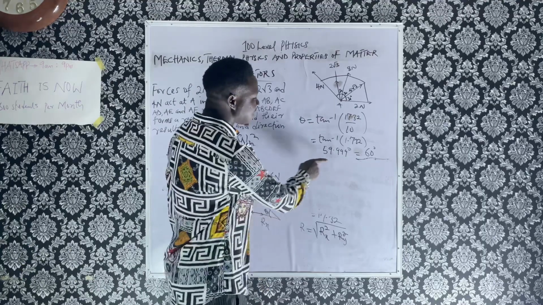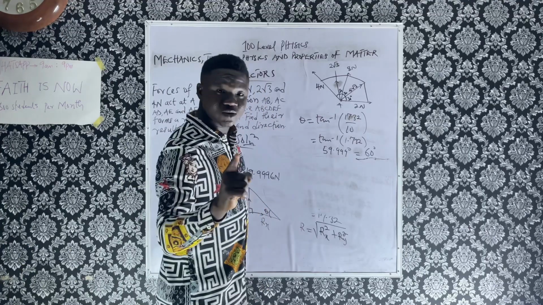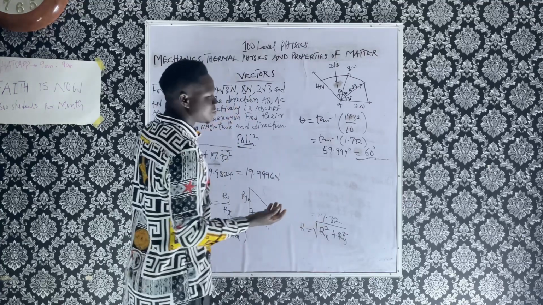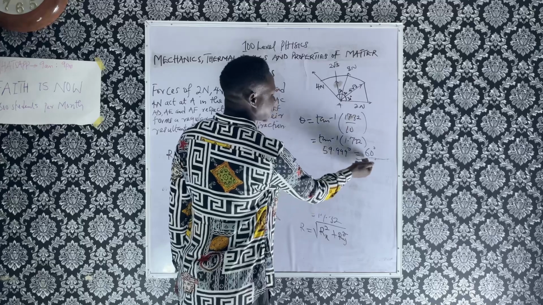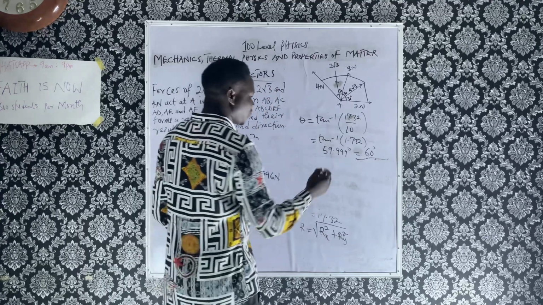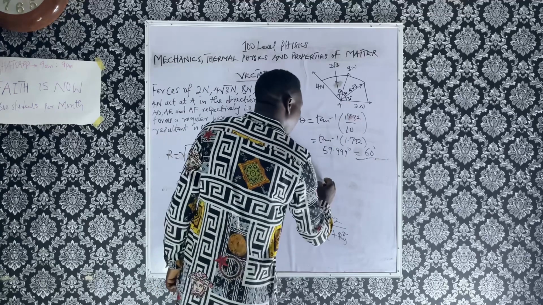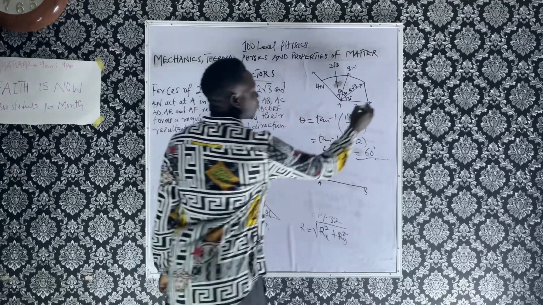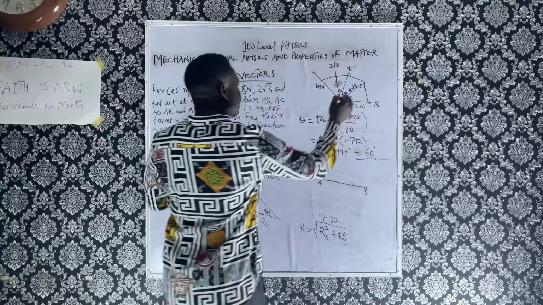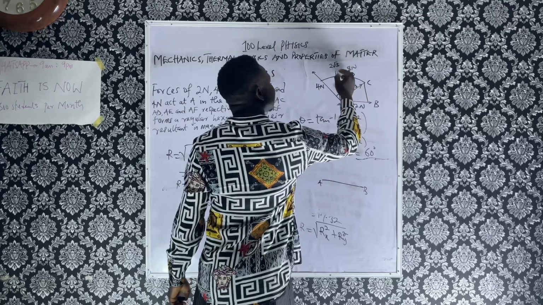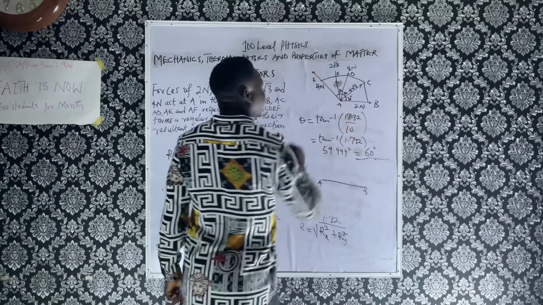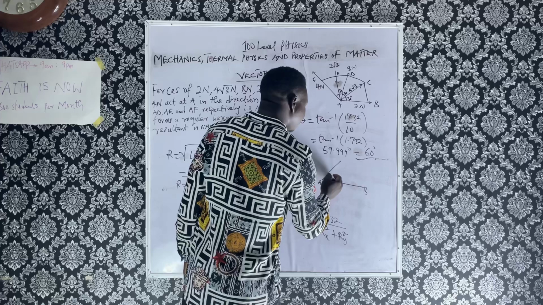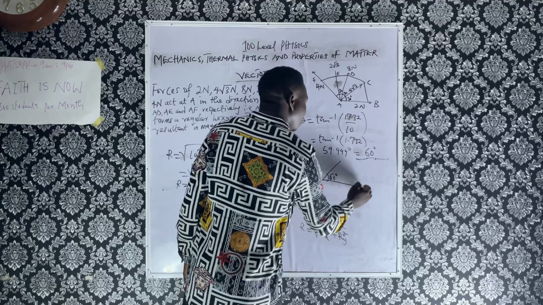Okay, so we have gotten the angle, but to what direction? Now, since we have gotten this 60 degrees, the 60 degrees is to this side. This is A, this is where it started, B, C, D, E, F. So it moves at 60 degrees to AB.